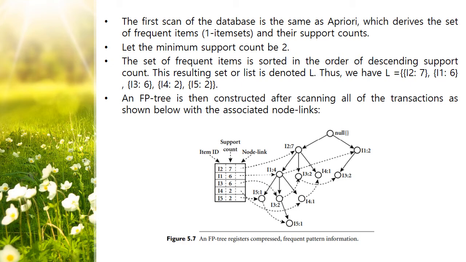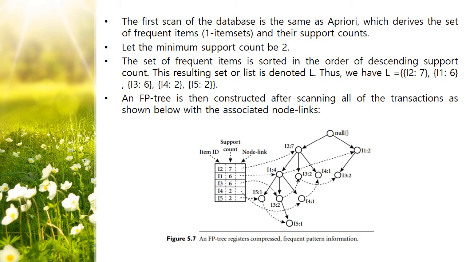An FP tree is then constructed. We will construct the FP tree after scanning all of the transactions, as shown below with the associated node links. See the figure: an FP tree registers compressed frequent pattern information.